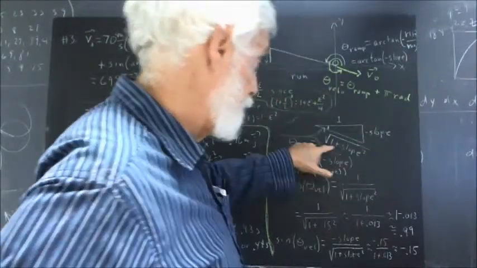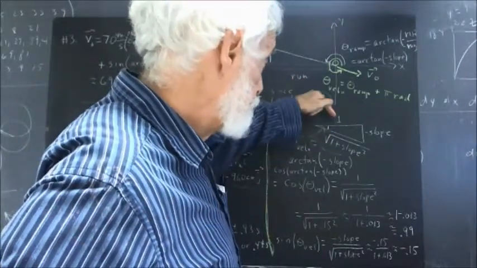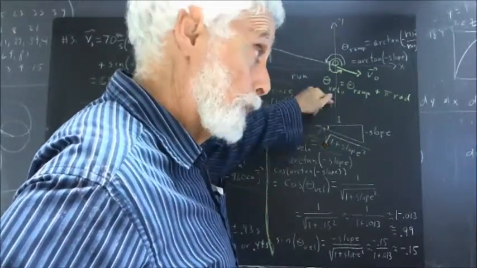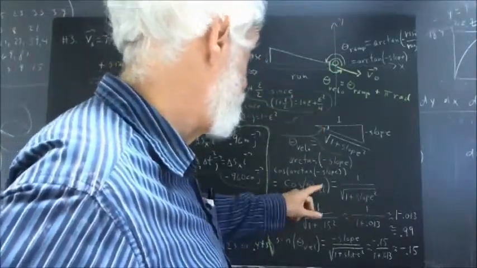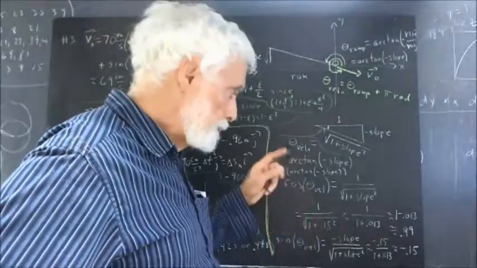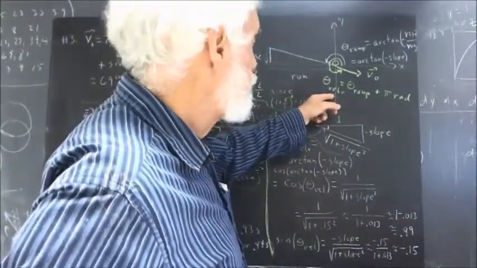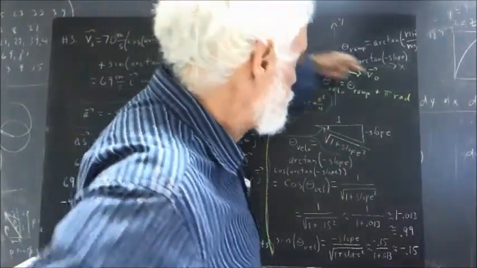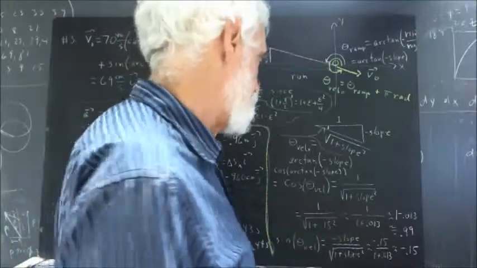We can calculate the hypotenuse, the square root of 1 plus slope squared. And the cosine is just this side over this side, 1 over the square root of 1 plus the square of the slope. So the cosine of theta VEL, which is the theta for the initial velocity vector, is 1 over the square root of 1 plus the square of the slope.